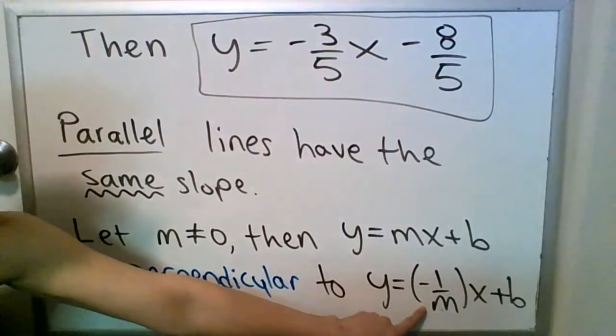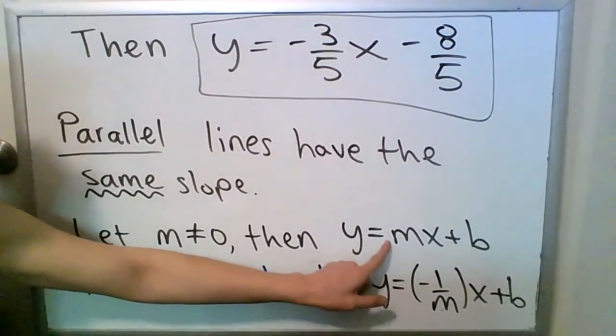So the perpendicular line has a slope that is the negative reciprocal of the other slope.